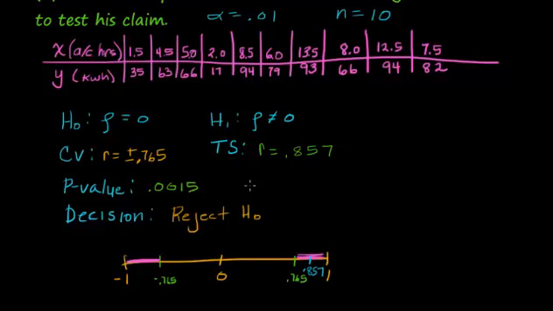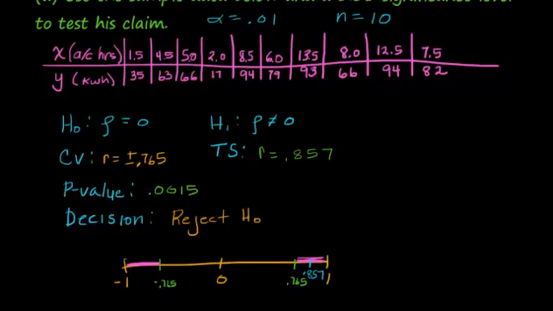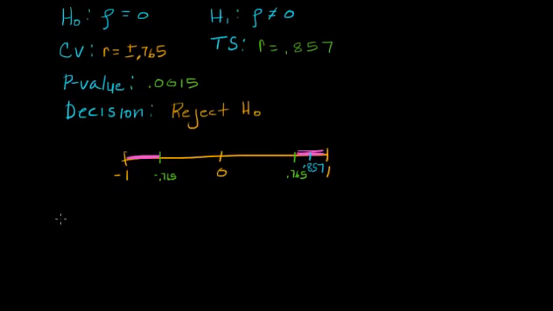So if we reject the null hypothesis, we will conclude that there is sufficient evidence to support the claim that a linear correlation exists between air conditioner usage and the consumption of electricity.